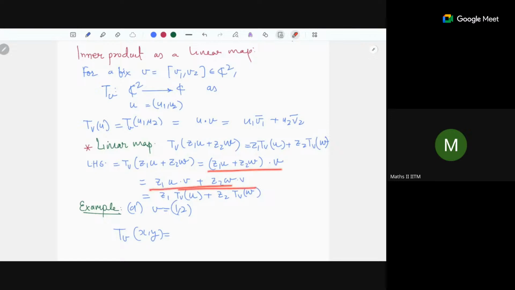So you will get this expression. So this is equal to this, right? And now each of these expressions in this line can be thought of as TV applied on U, and the second is TV applied on W. That's all. Which is the right hand side of the expression.